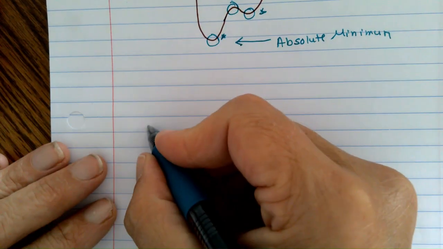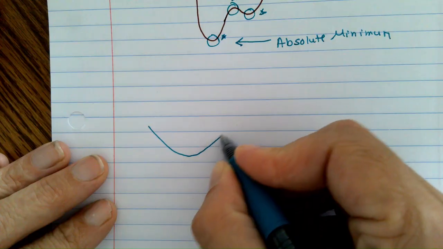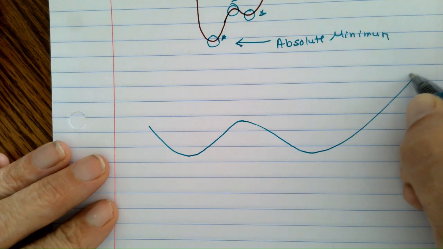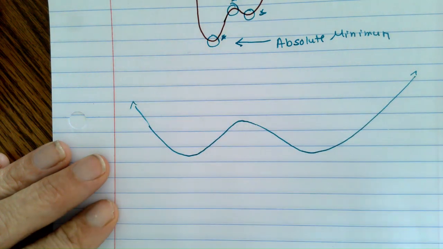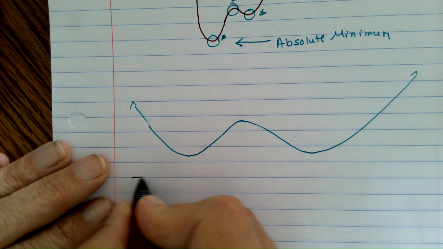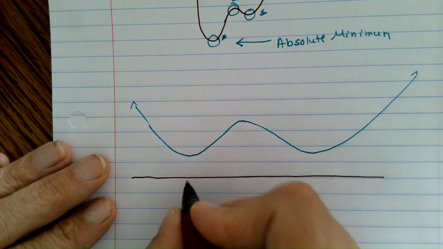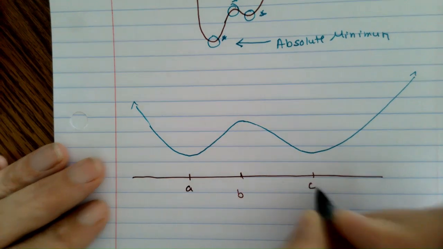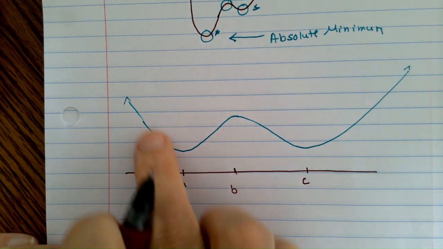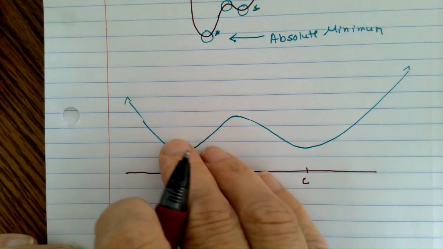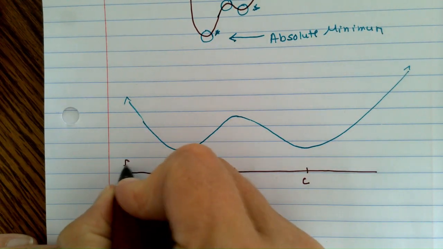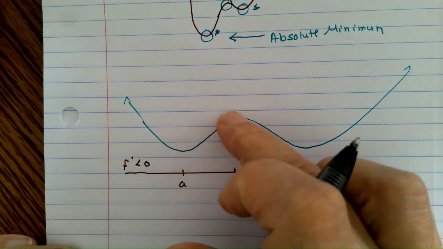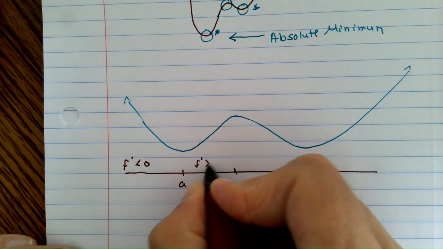And I'm going to draw a nice soft curve so we can really talk about this. I'll call this A, this B, and this C. So I think we would all agree here that the slope of this is going down, which means our derivative is less than 0. Here our slope is going up, which means our derivative is greater than 0.